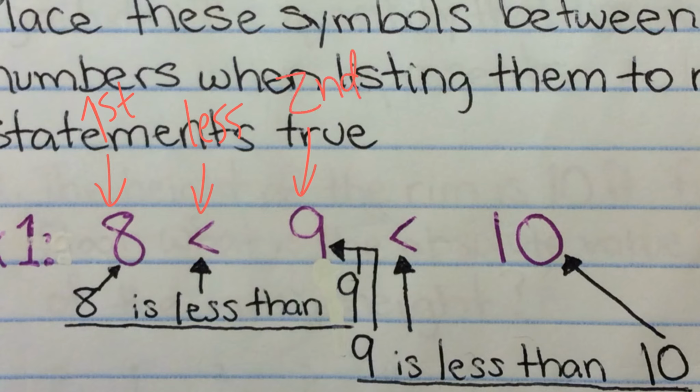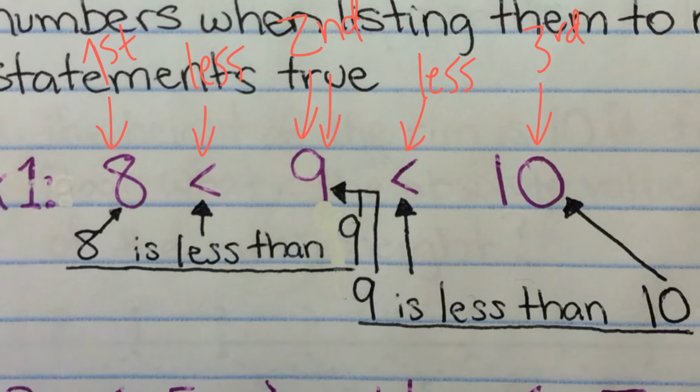And this 9 here is less than 10. And 10 is our third number, and it's our last. It's all the way at the end. So is this statement true? Is 8 less than 9? Yes. And then, is 9 less than 10? Yes, that's true. So this is a correct statement. Okay?